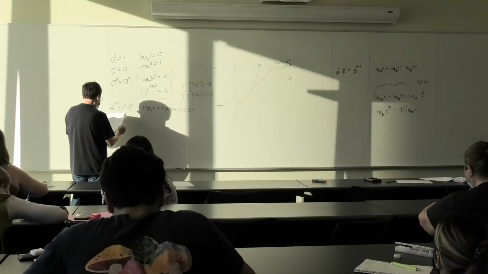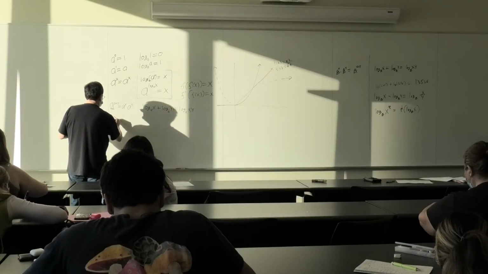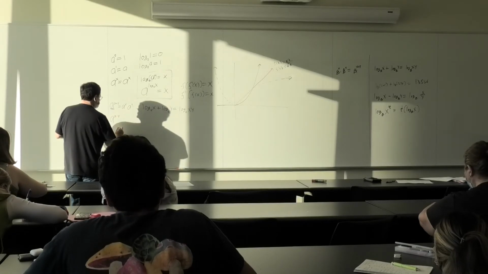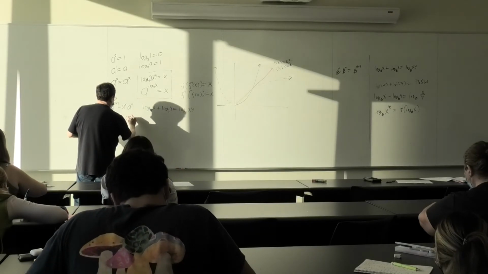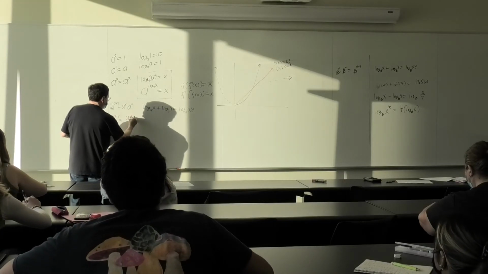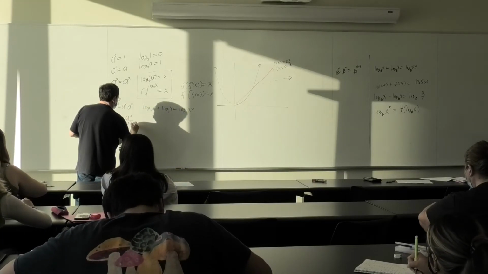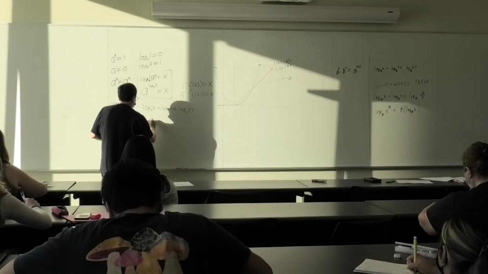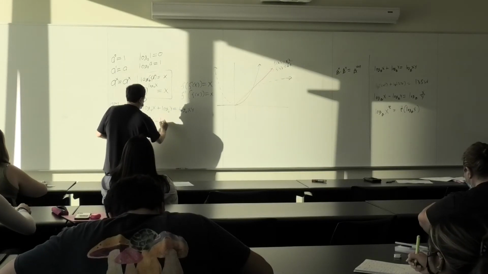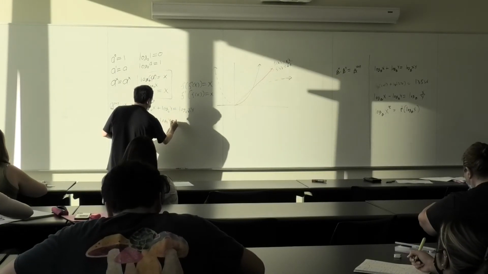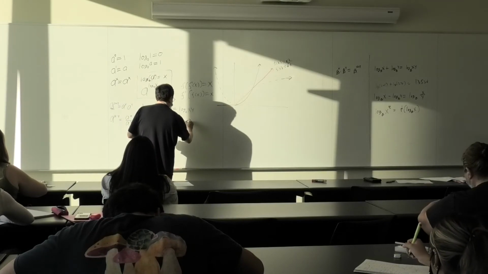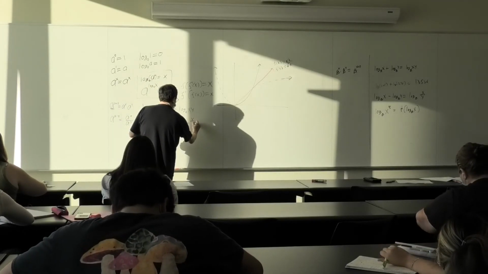And we have the equivalent for subtraction. a to the x minus y is a to the x over a to the y. So log to the base a of x minus log to the base a of y is log to the base a of x over y.